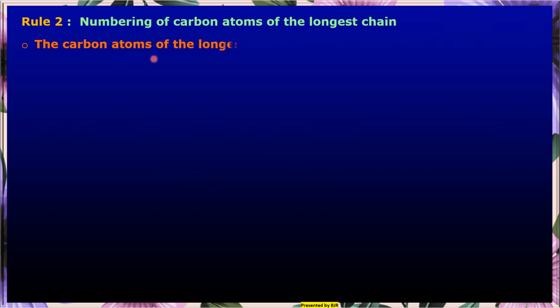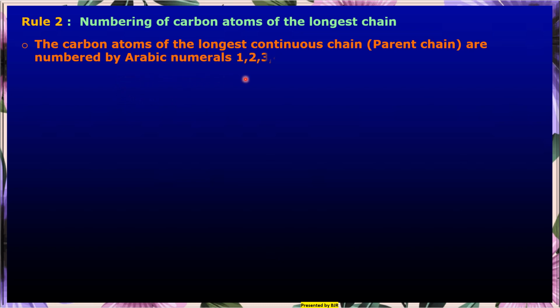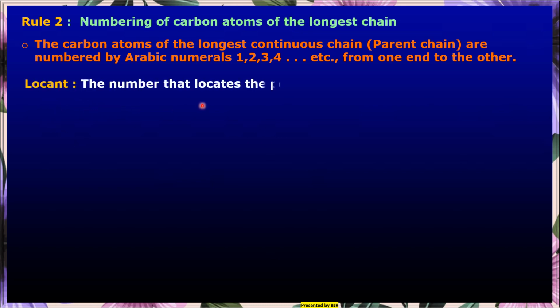The carbon atoms of the longest continuous chain, that is the parent chain, are numbered by Arabic numerals 1, 2, 3, 4, etc. from one end to the other. Okay, so let us see what is locant. The number that locates the position of the substituent is known as locant.